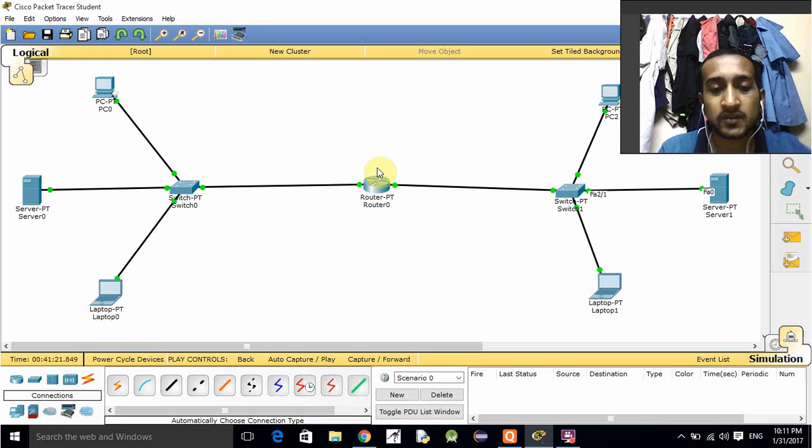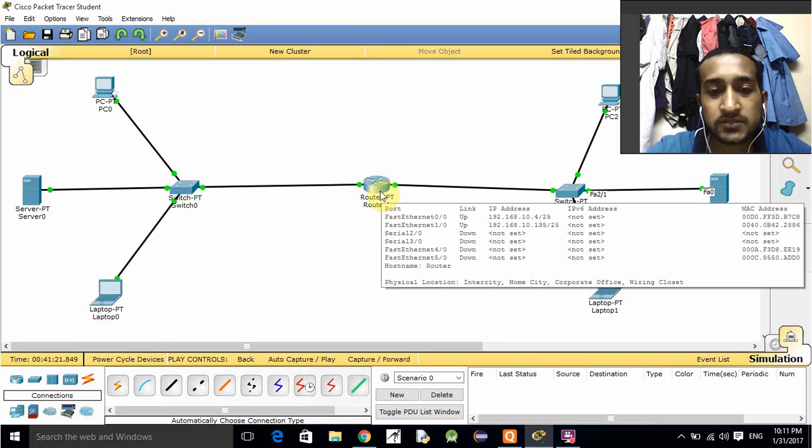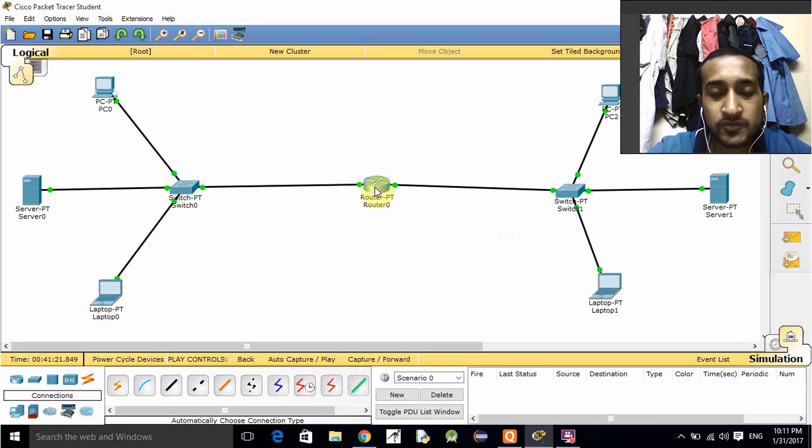What we are going to do is, this is class C, so three parts are network and one part is host. From the host portion I am taking one bit into the network portion, and I am able to generate two networks of size 128 and 128.